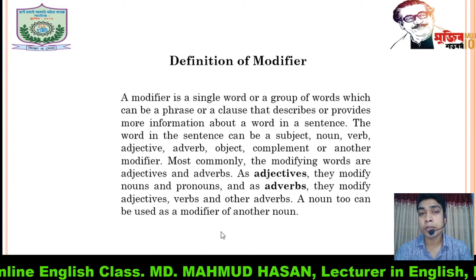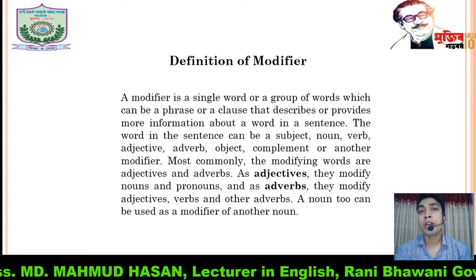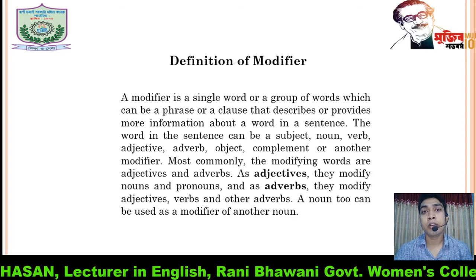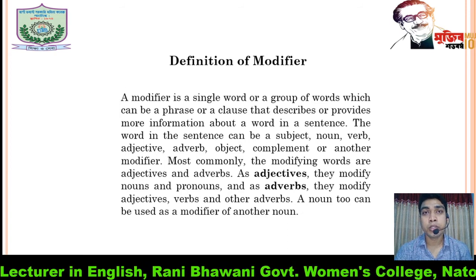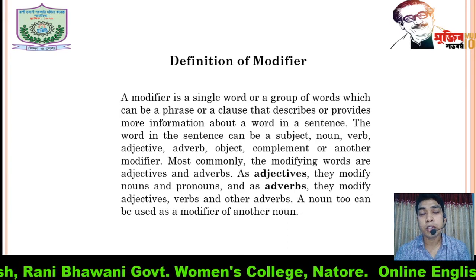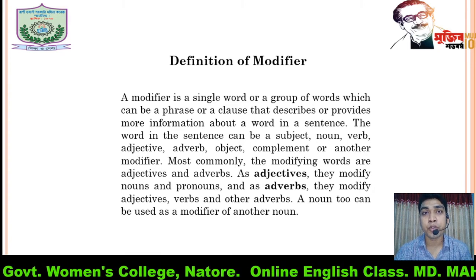So if we summarize this slide, a modifier is an additional element of a word. It is not the part and parcel element of a sentence. It adds some information.